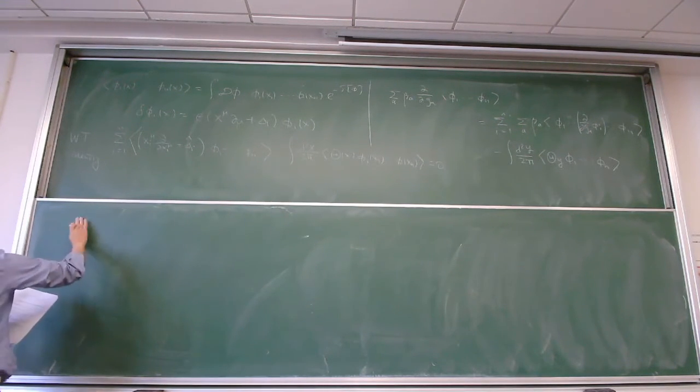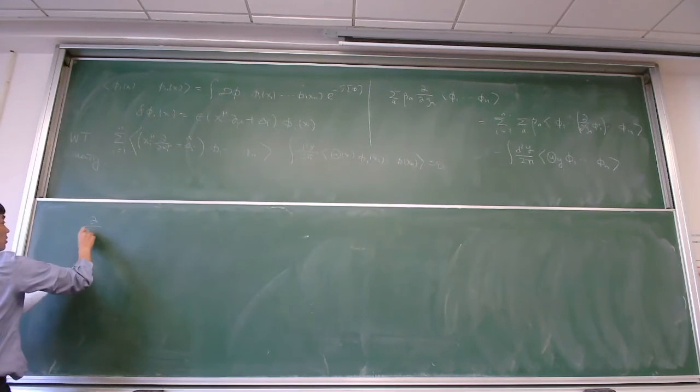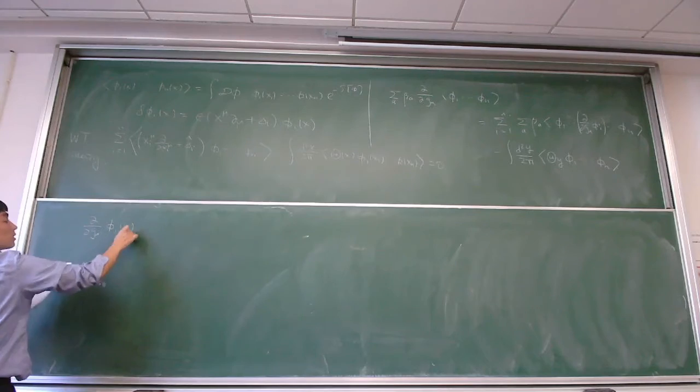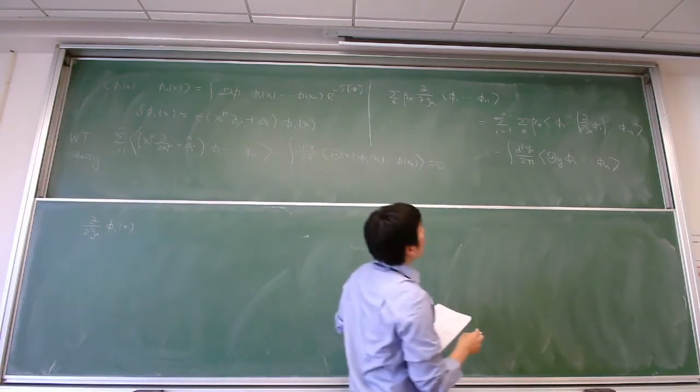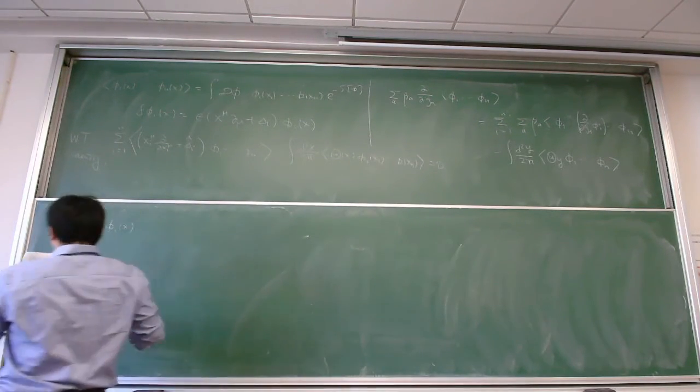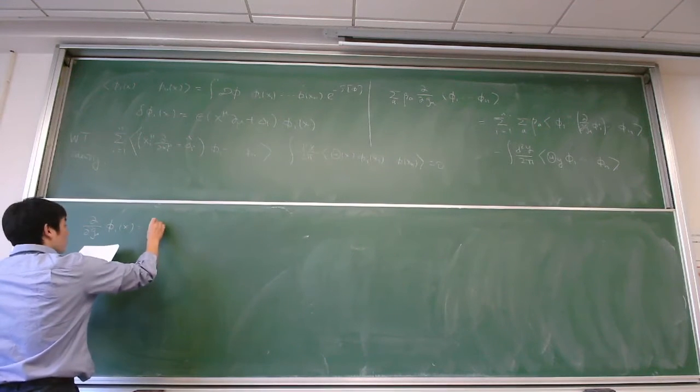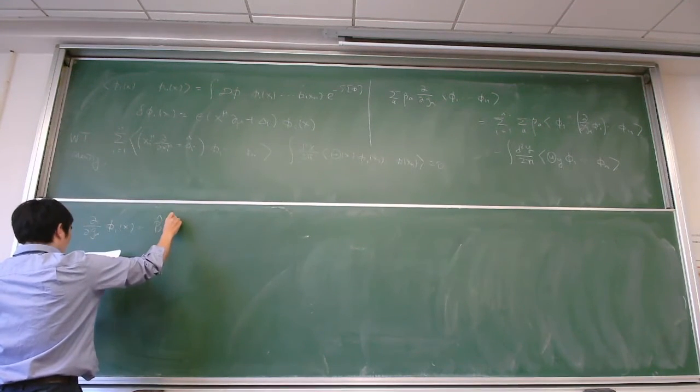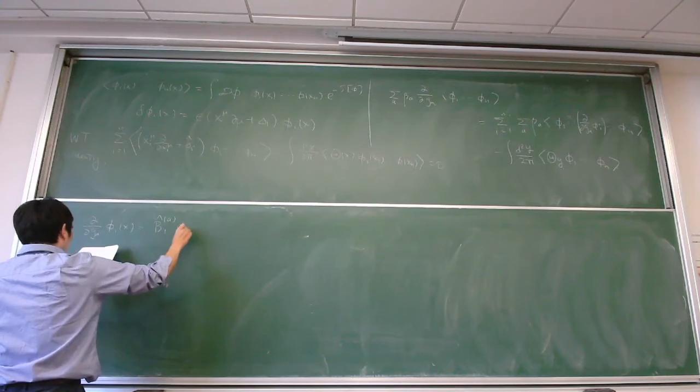So if you write partial G A acts on the operator phi I of x, just schematically write it this way. This is just the notation of phi I.